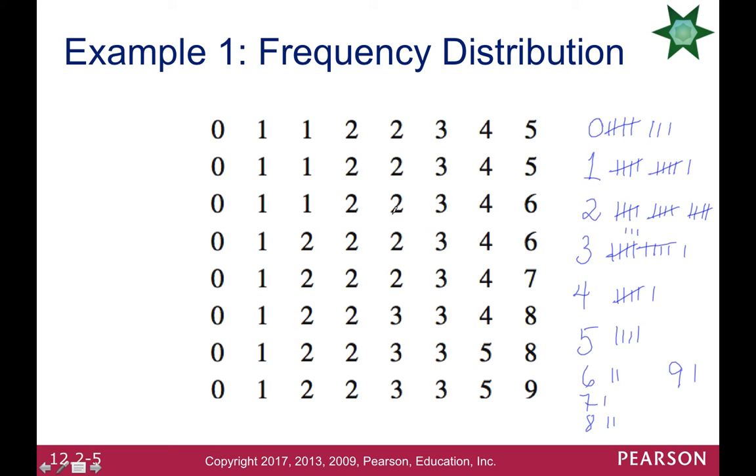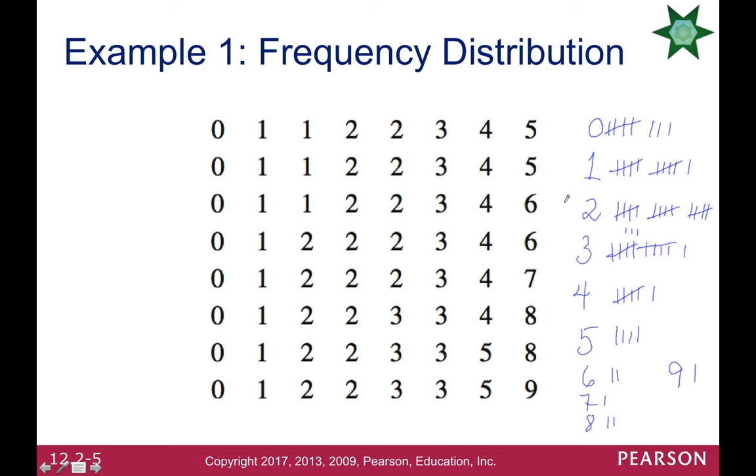We have 2, 4, 6, 8, 10, 11, 12, 13, 14, 15, 16, 17, 18. Okay, so 18 2's. 3's, 1, 2, 3, 4, 5, 6, 7, 8, 9, 10, 11. That's right. 4's, 1, 2, 3, 4, 5, 6. 5's, 1, 2, 3, 4. 2 6's, 1 7, 2 8's, 1 9.